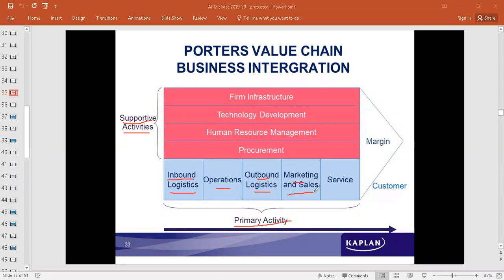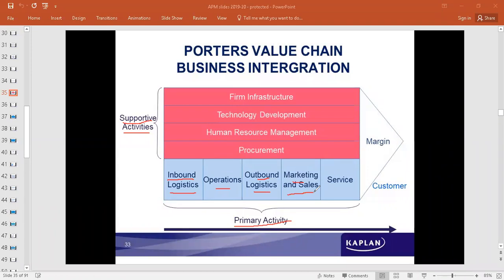And after the production is completed, the information about the products has to be taken to the customers. Now the customers have to be attracted to the products. So then marketing and sales activities are taken up. The advertising is done, the marketing for the products is taken up, and the distribution.